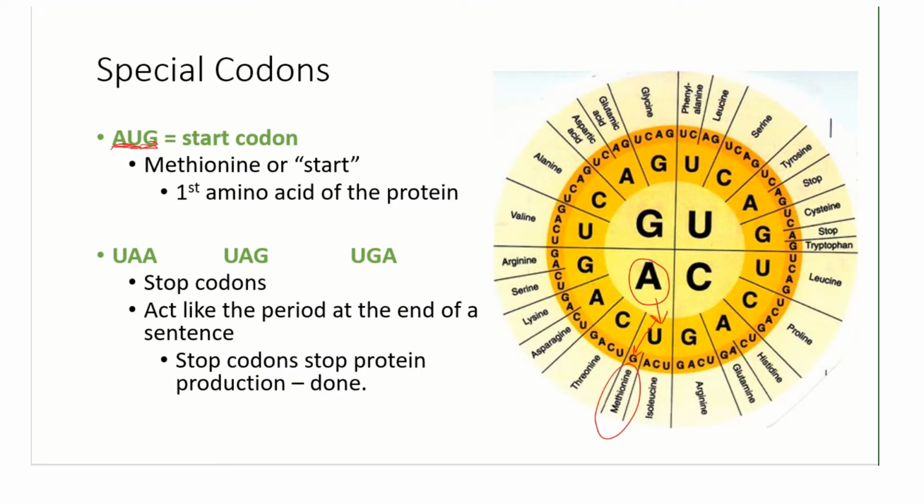If we were to look at, let's say, UGA, we find the big U, so that's here. Then we go to the G, which is there, and then that last letter is A, so we go here, and that is stop. So that's how you use an amino acid chart, and yeah, that's about it.